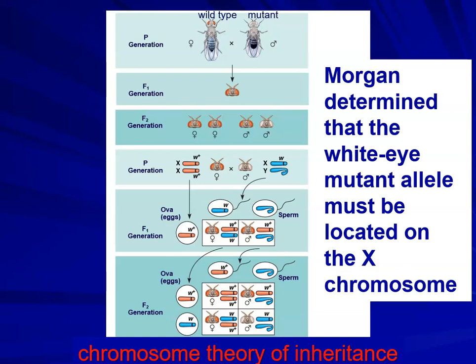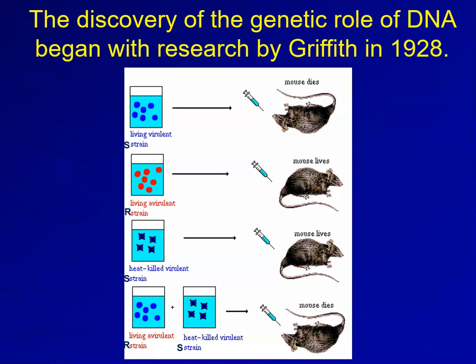So there were other scientists working on this and doing various experiments looking at organisms like bacteria and viruses. And so we're going to look at some of those now that led to the discovery that DNA is indeed the molecule of heredity.